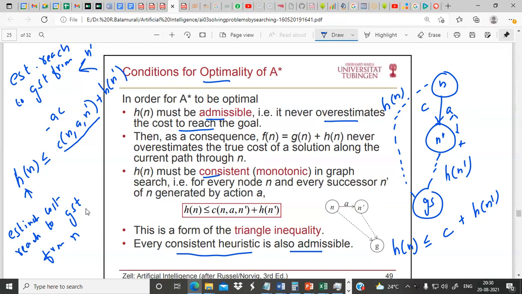If the heuristic is consistent, it is admissible, because admissible says that it should not overestimate from the current state. So when it is consistent, obviously it is admissible, right?